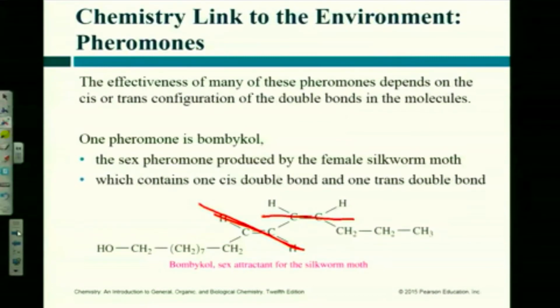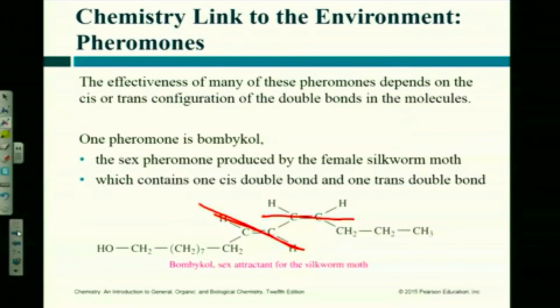So you say, why is this important? It has to do with how they fit into different structures, okay? These cis and trans isomers create kinks that do not rotate in this molecule. So, for example, fats have lots of double bonds in them.